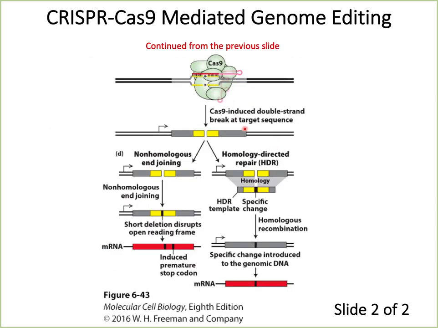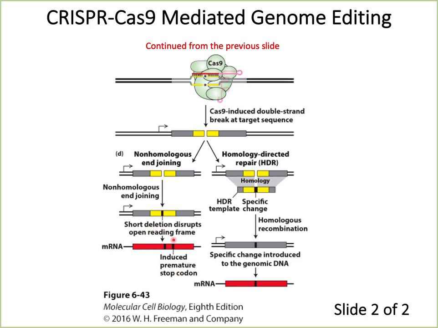So you can see here, there are 2 ways that you can do this. You can just take a small sequence and disrupt that gene, and it will break. So just the deletion of a few base pairs, and now you have non-homologous end joining. So you have a short deletion in the gene. If that happens, that particular mRNA will have a complete mutation or a frame shift mutation.